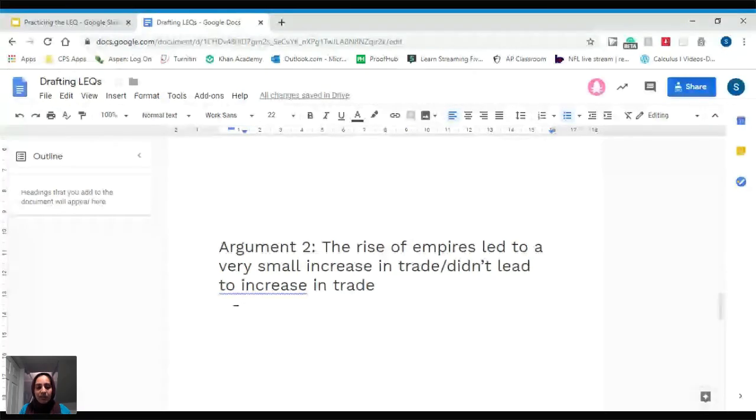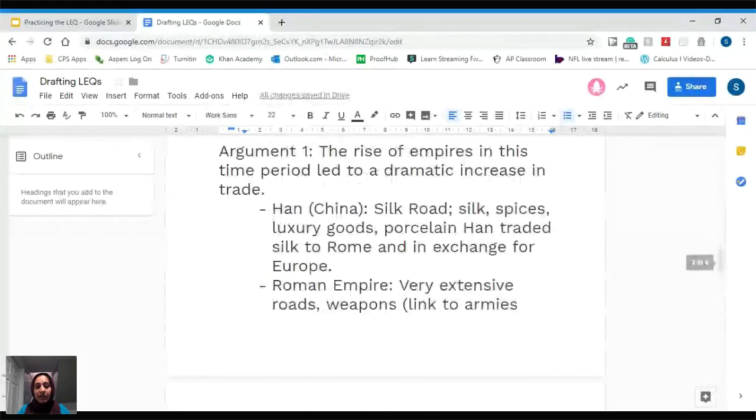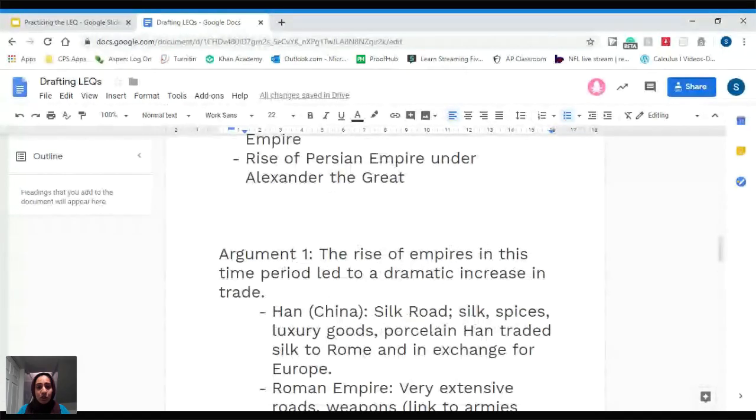I said that the Qin didn't really have an extensive road network or an extensive trade system. So maybe if you want to include that, Qin didn't really trade much, or anything you can think of. If you can't think of anything, don't try and write something if you're not sure about it.